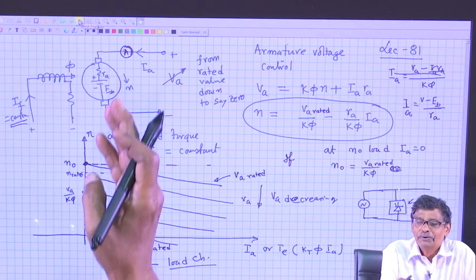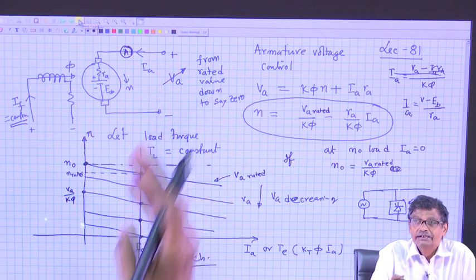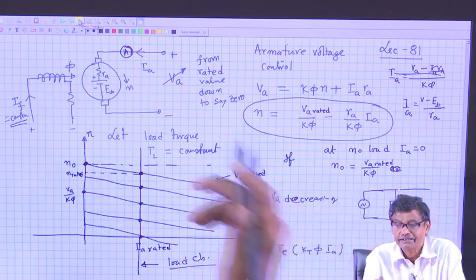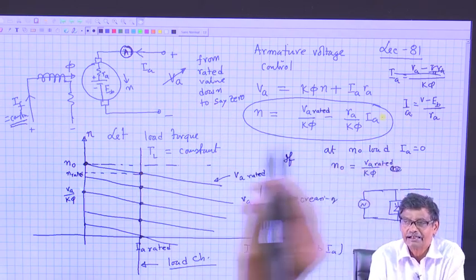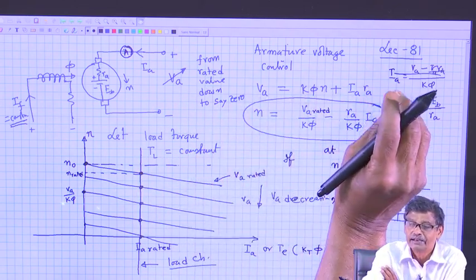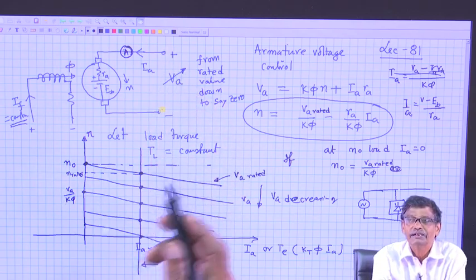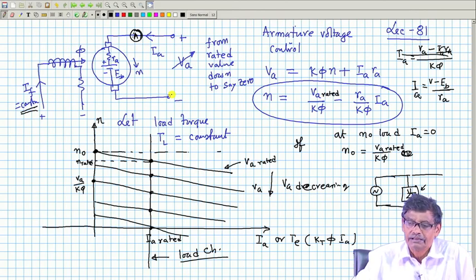I mean, to control the speed of a DC motor by armature voltage variation, what I am telling, that purchase another DC generator and connect it here, separately excited DC generator, vary the field current of that, so that this armature voltage could be controlled. That is not a good proposition, cost of the thing will just go many times higher.